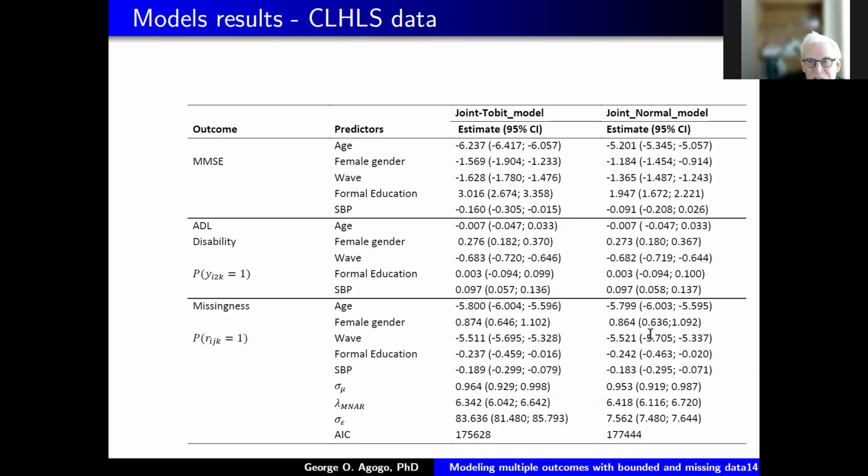So I wondered if you could say a few words about how using this logistic model of an indicator of whether the outcomes are missing captures the missing data mechanism, and how it also captures that idea that their missingness is actually related to the possible values of the outcomes that they might have reported if they were present.